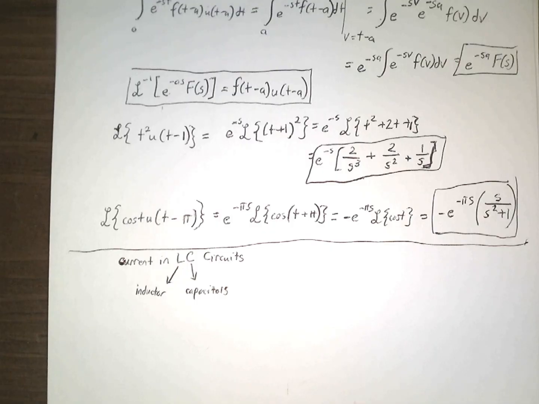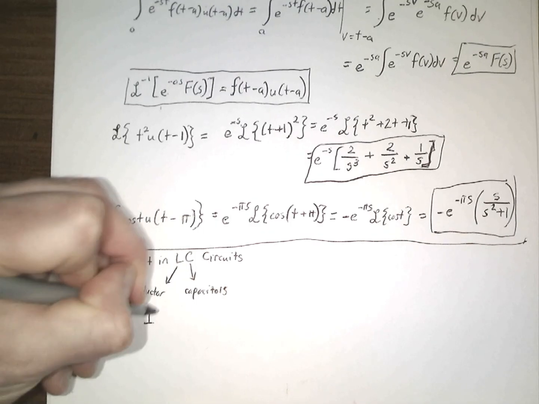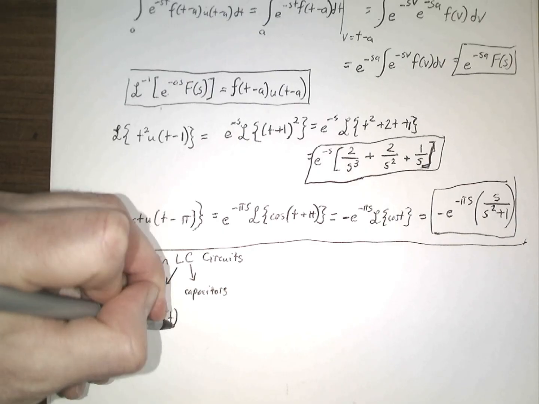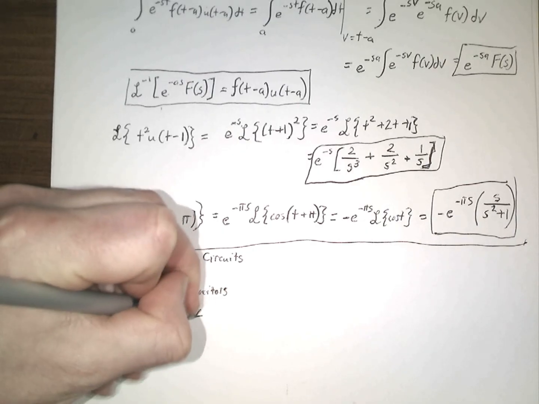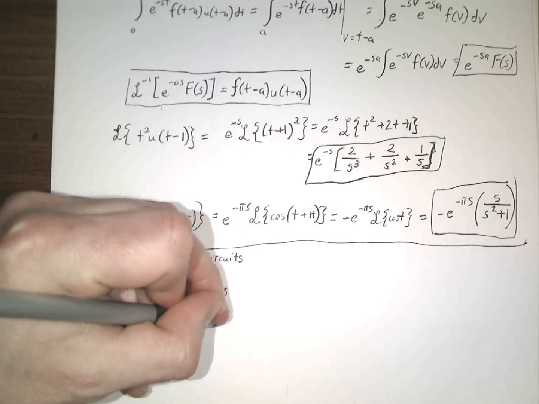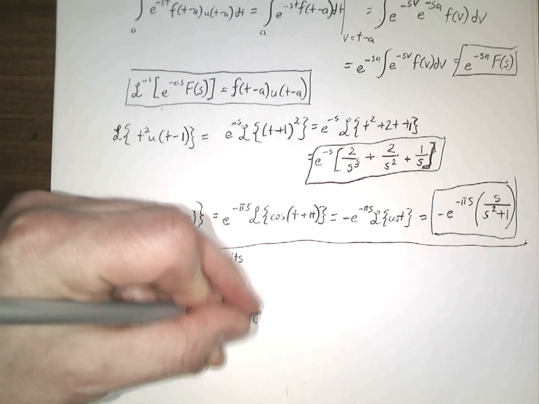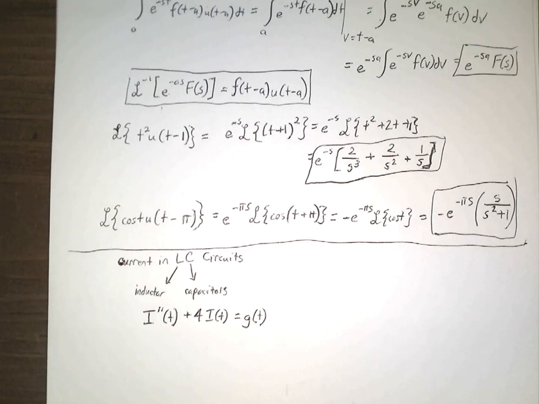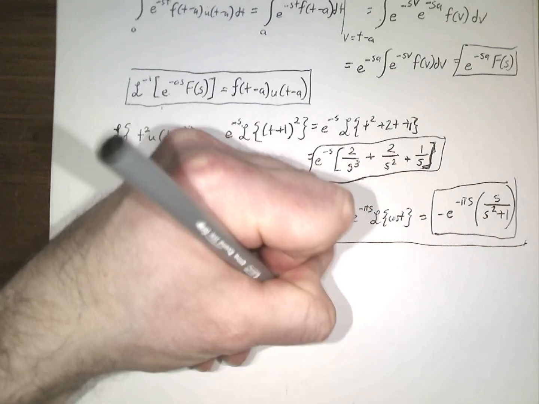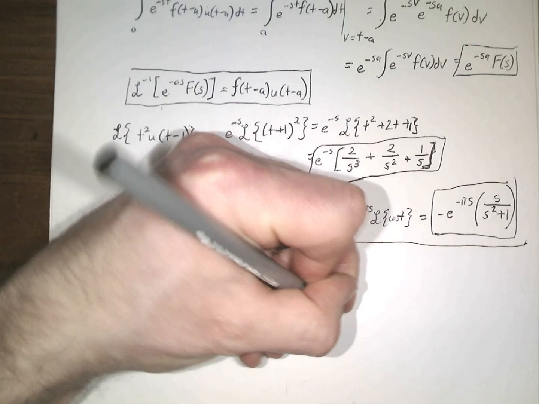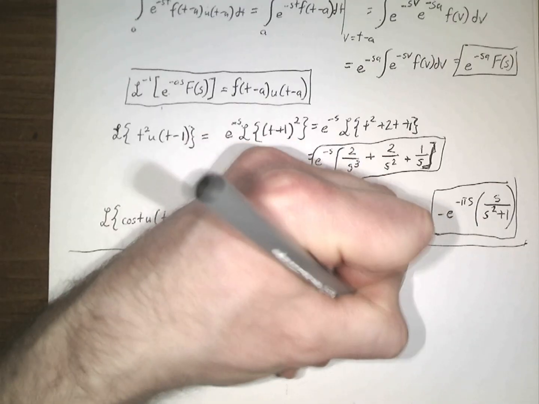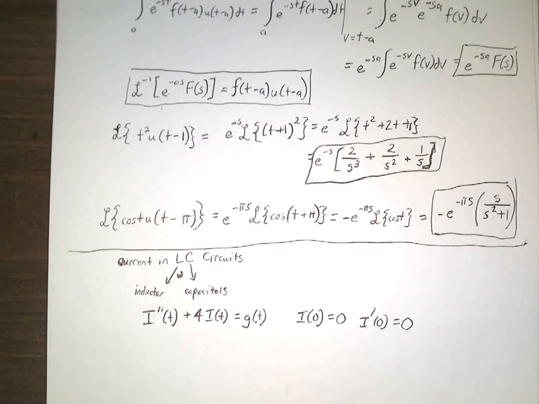And we're going to set up a second order differential equation looking at the current in that circuit as a function of time. So we'll have I double prime plus 4I(t) equals g(t). We have the initial conditions that I(0) is 0 and I prime of 0 is also equal to 0.